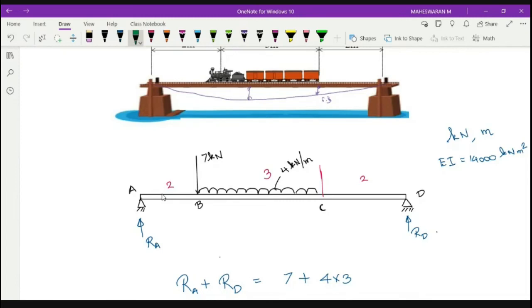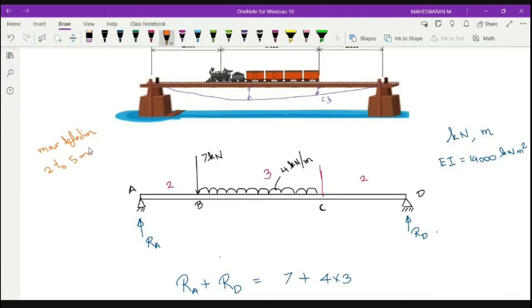No, that is also not possible. So I can conclude that my maximum deflection will be in the range of 2 meter to 5 meter.